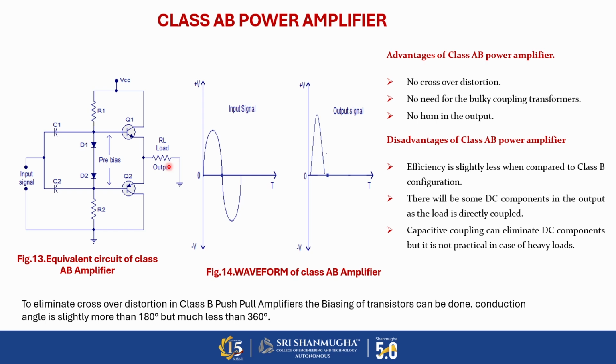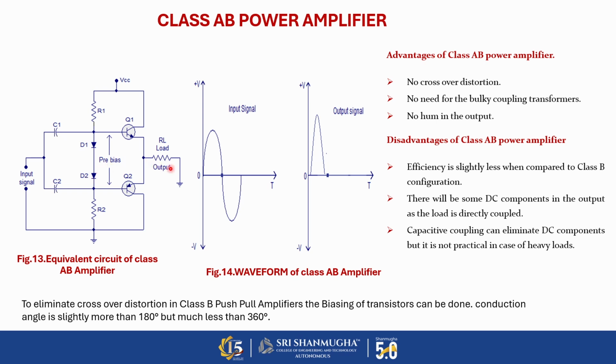From the above figure, the equivalent circuit, the operating point takes place only in the cutoff region. The amount of negative going half cycle reproduced at the output depends on the complementary symmetry of the class AB amplifier. Why do we apply pre-biasing? The transistors use a network comprising resistors R1 and R2, and also the biasing diodes D1 and D2.